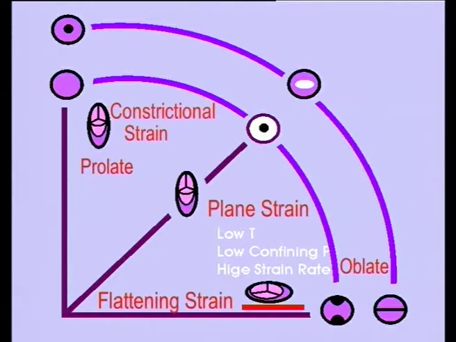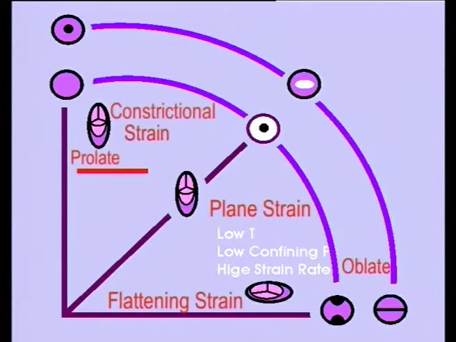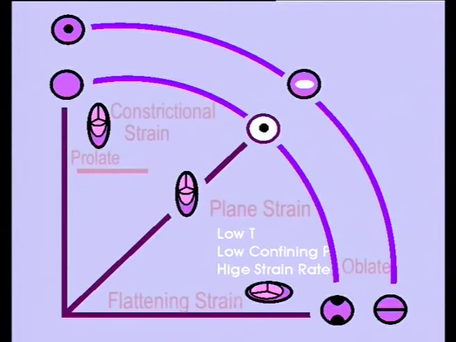There is general constriction, general flattening and plane strain. Several structural geologists have worked on the mathematical representation of the different types of strain, and these can be seen in the works of Flinn, who has drawn a diagram representing these 5 types of strain.